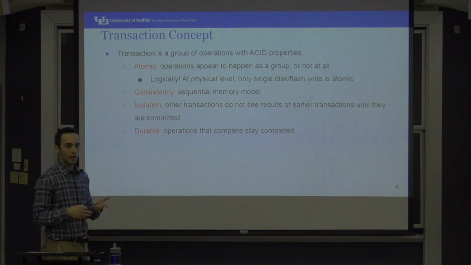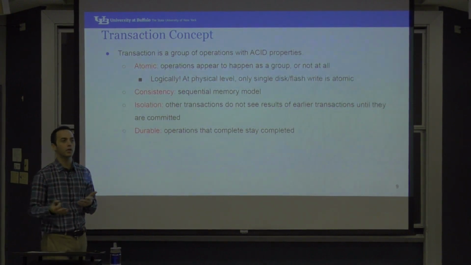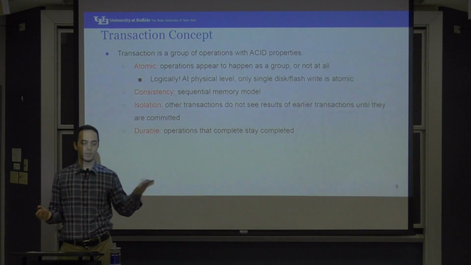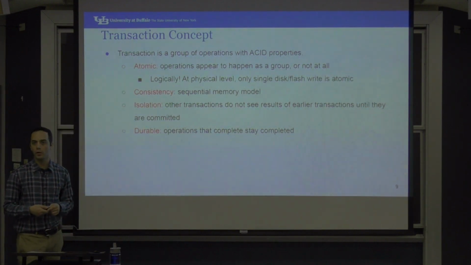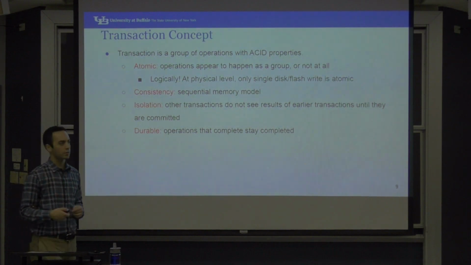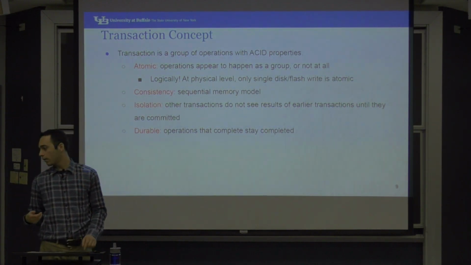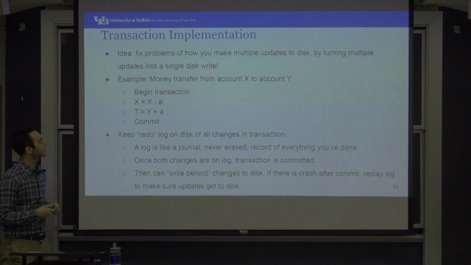Once the transfer is done, no matter if the next transfer is completed or failed, that transfer should stay completed. You should not change anything that has already been done. Okay? That might be like PayPal scamming. Okay? So next we're going to go for implementation of transactions.